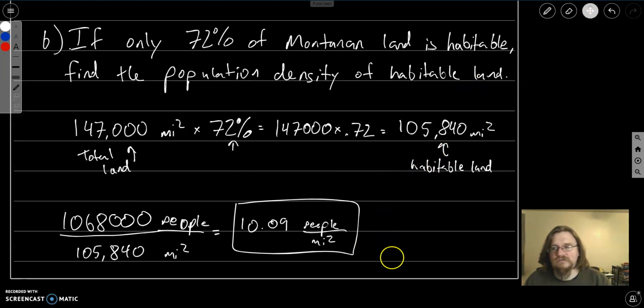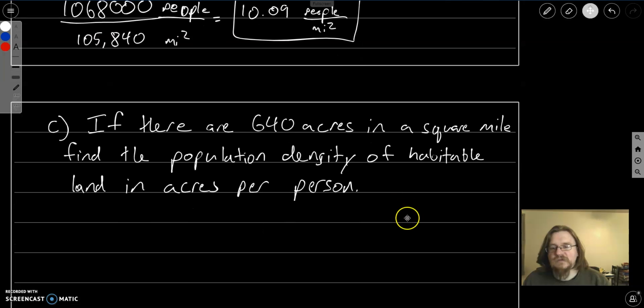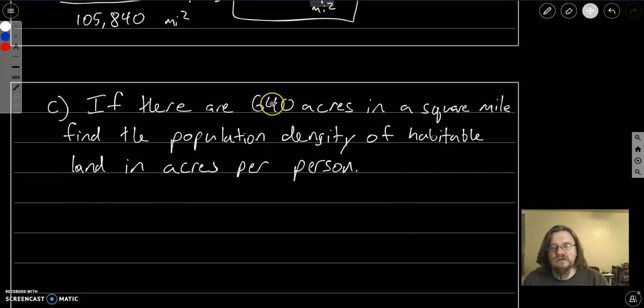So far, so good. And then the last one: if there are 640 acres in 1 square mile, let's find the population density of habitable land in acres per person.